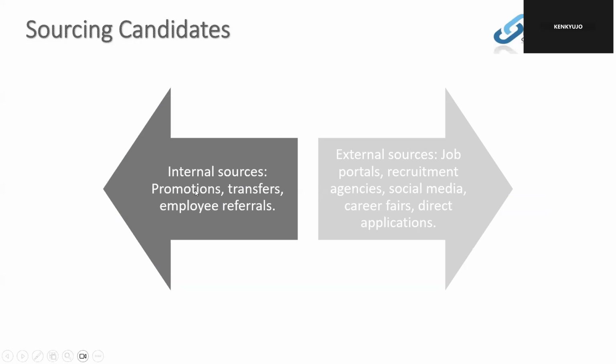That kind of internal sourcing activities the organization can conduct. External sourcing activities may be job portals, recruitment agencies, social media, career fairs, direct applications. These are the methods to collect the CVs.